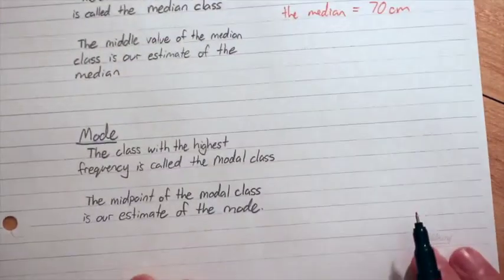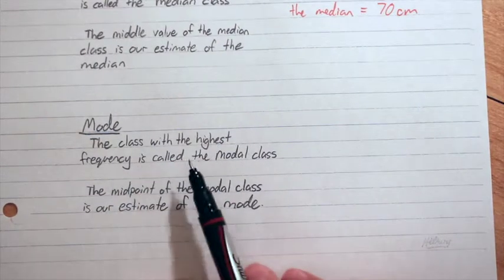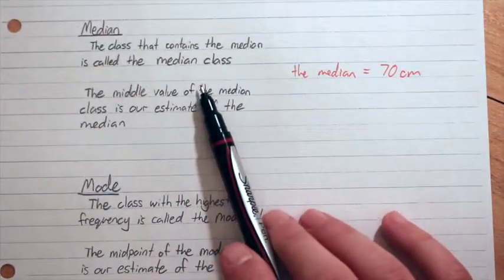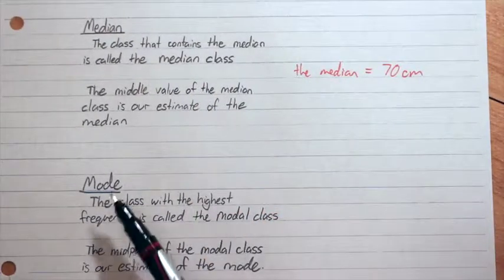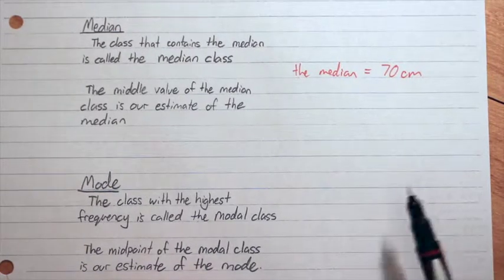Finally, the mode. The class with the highest frequency is called the modal class. So we had the median class, and now the modal class contains the mode. The midpoint of the modal class is our estimate of the mode. So you probably expected this.